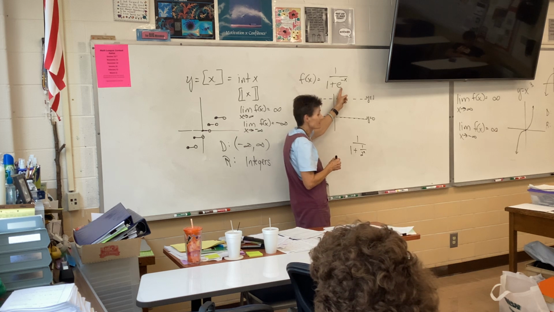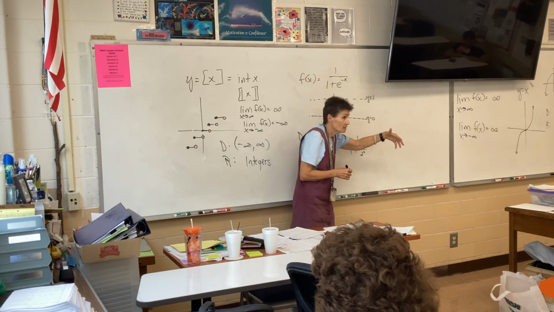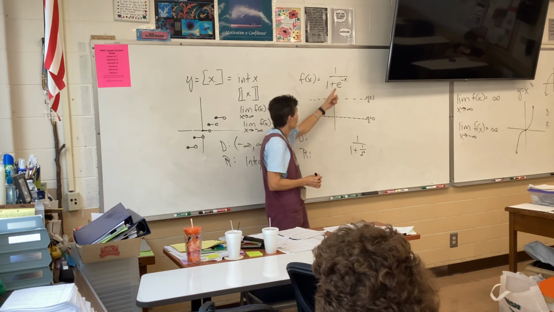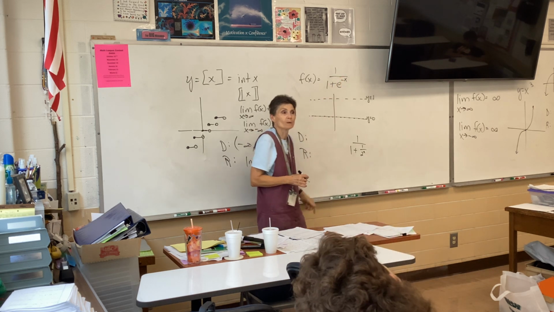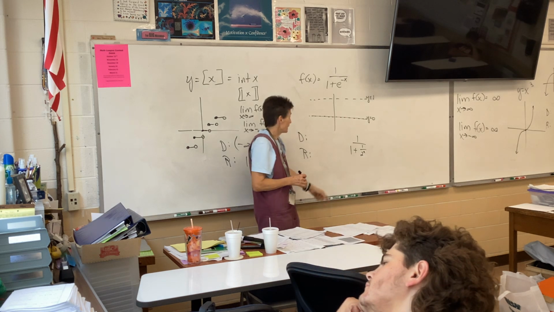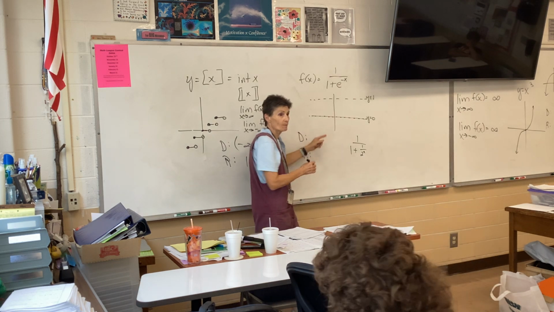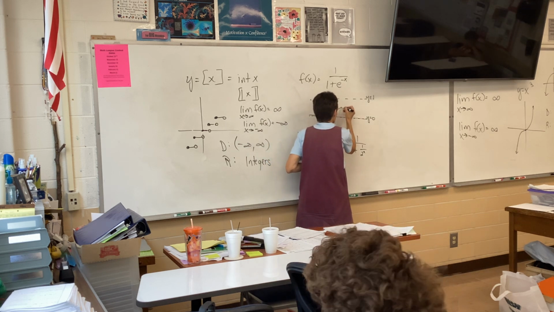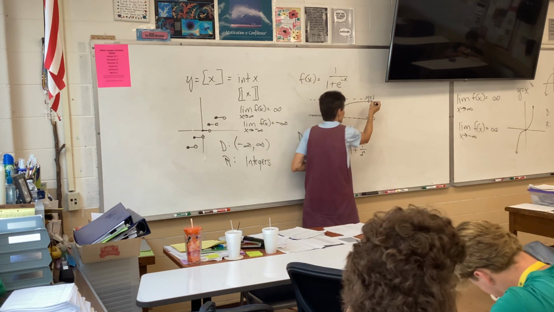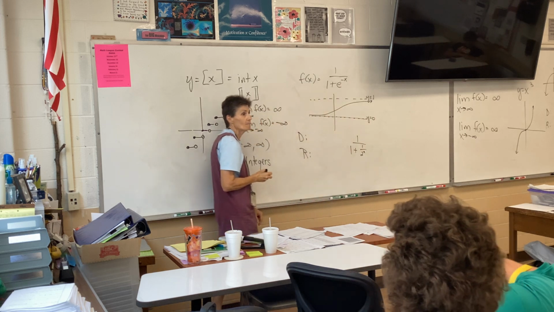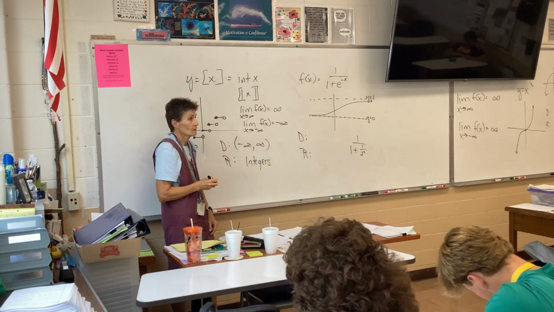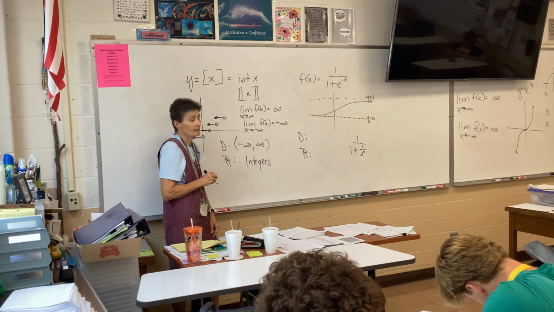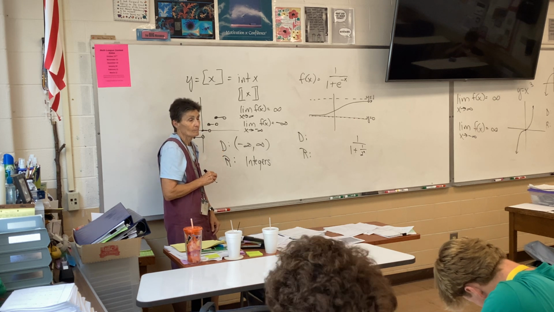So 1 plus that gets really, really big. Now my denominator is really, really big. So what happens when I put 1 over really, really big? I get closer to 0. So on this side of the curve, I'm limited by 0, and on this side, I'm limited by 1. That is what your logistic curve looks like.